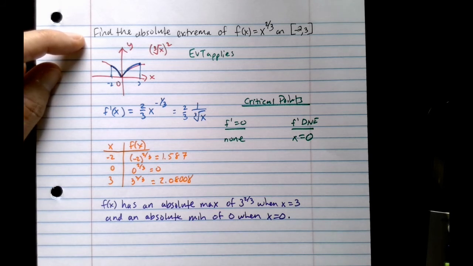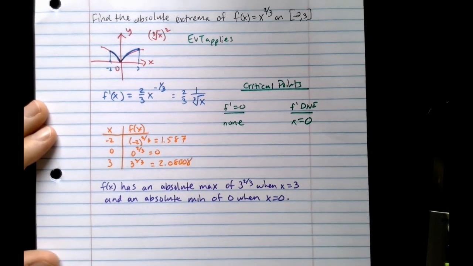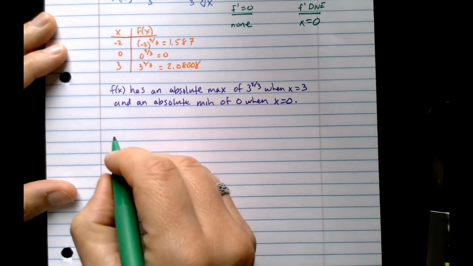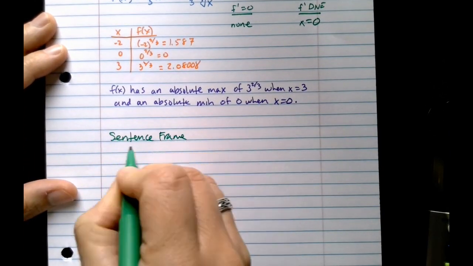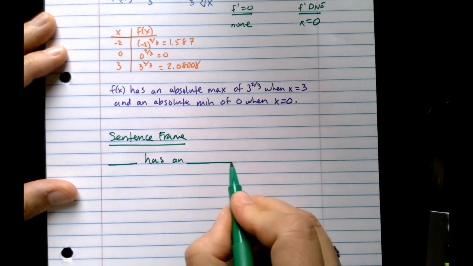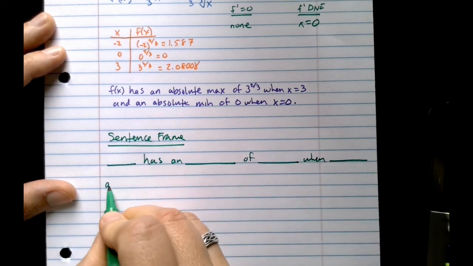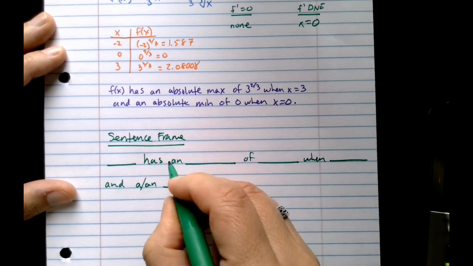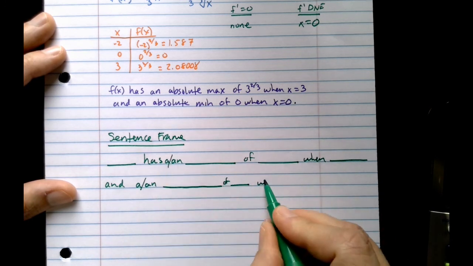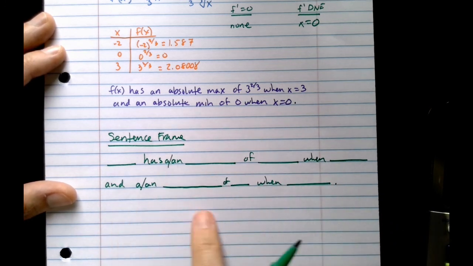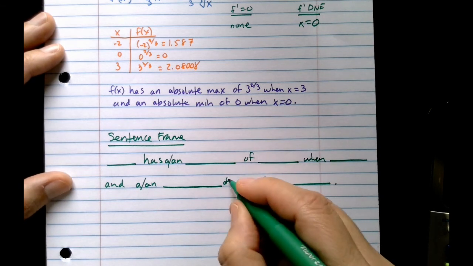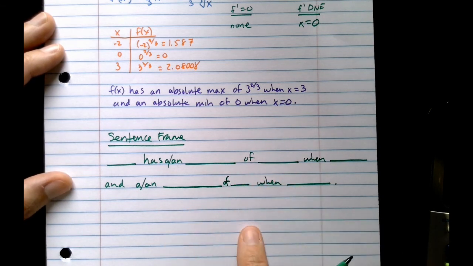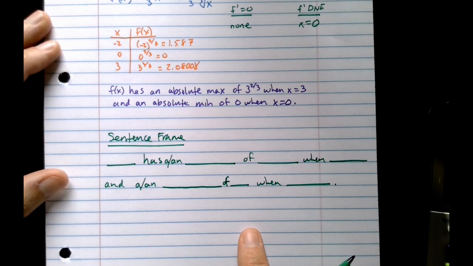So I'm going to list both. So let's look at a possible sentence frame to help us out here. Now, this is a very rough sentence frame, but you can modify this as needed. But this may help you with your work.